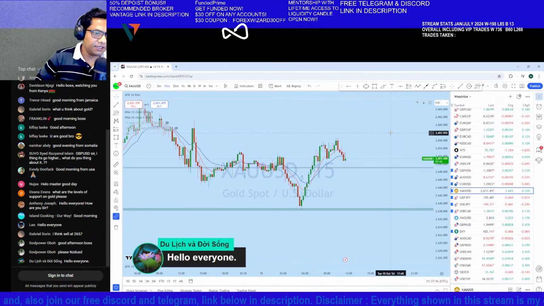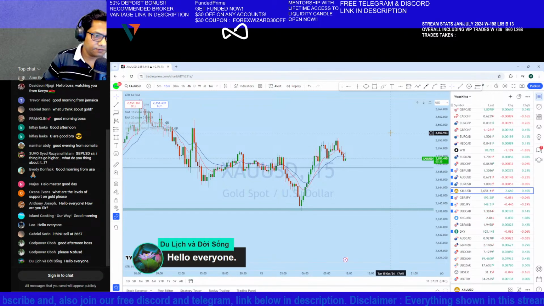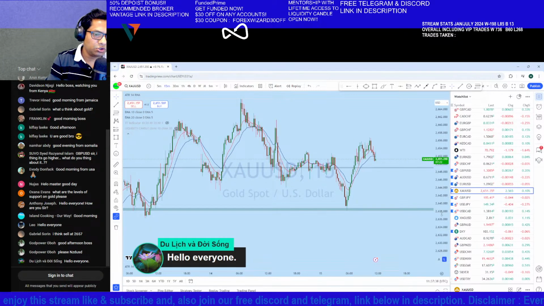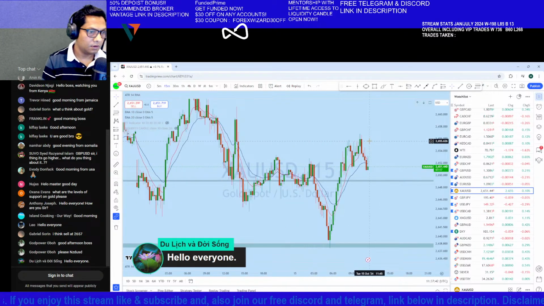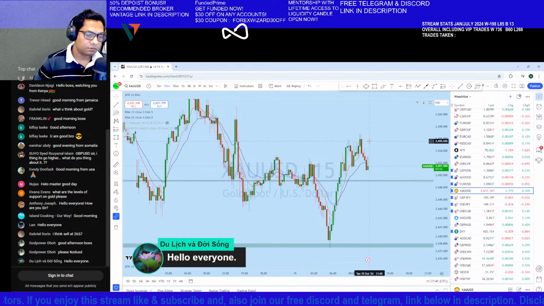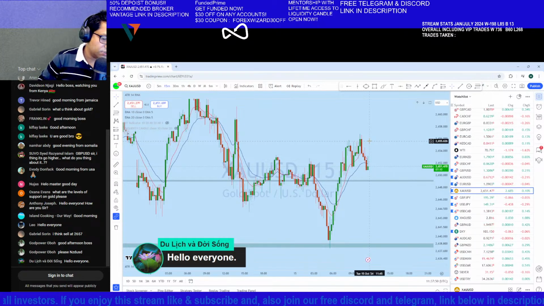So you can see that here is XAU USD, and okay, the bias for me is towards the downside. The bias could be towards the downside.